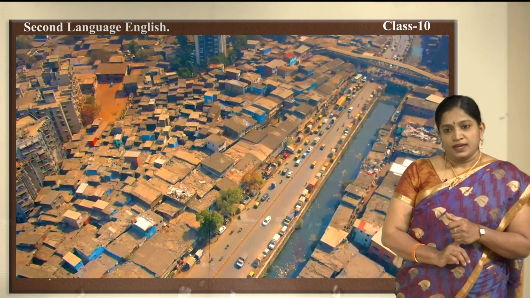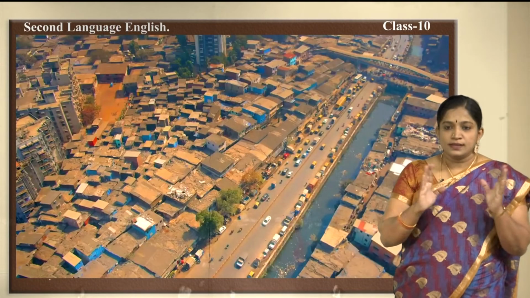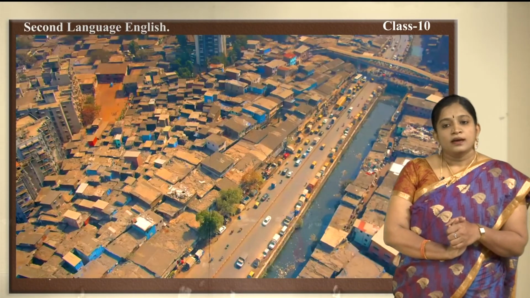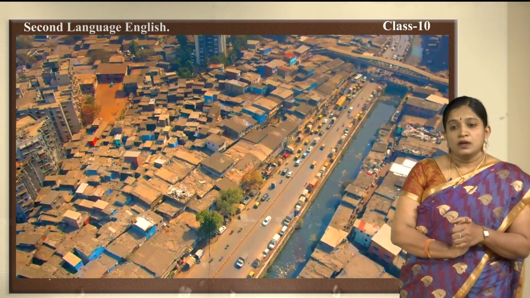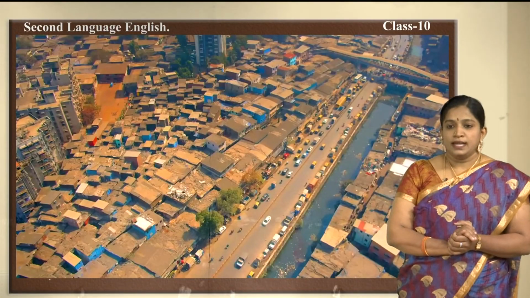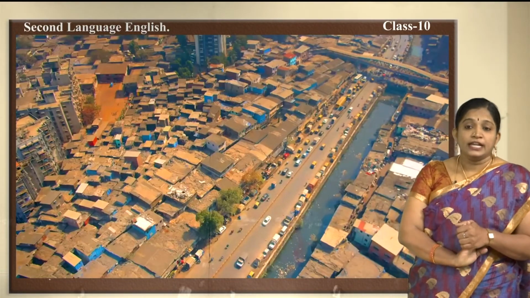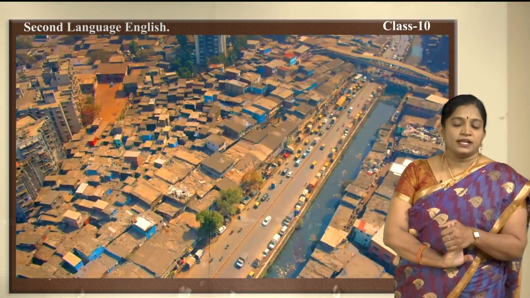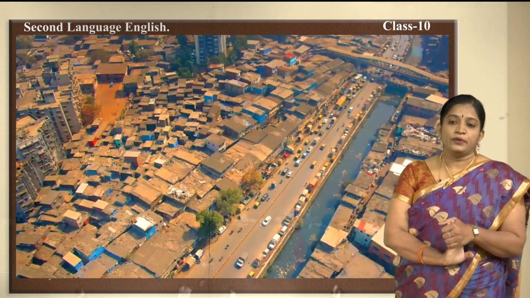Students, as an Indian, we should feel proud about India's natural beauty, cultural heritage, ancient wisdom, glorious freedom movement, industrial development. But at the same time, we should be aware of the negative factors also. Which are those negative aspects that we are suffering today?